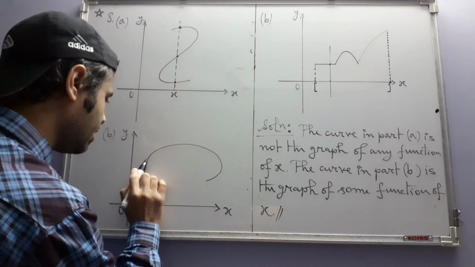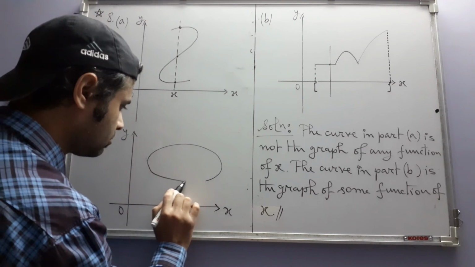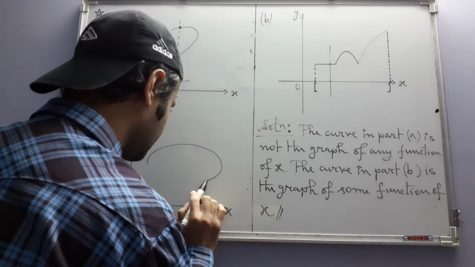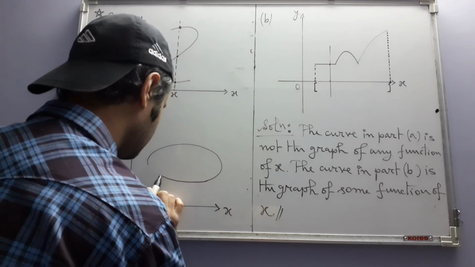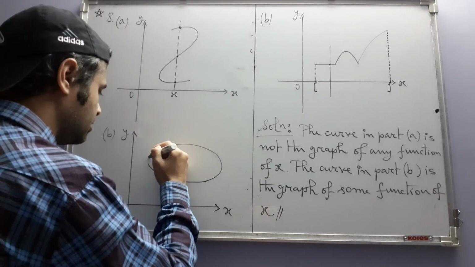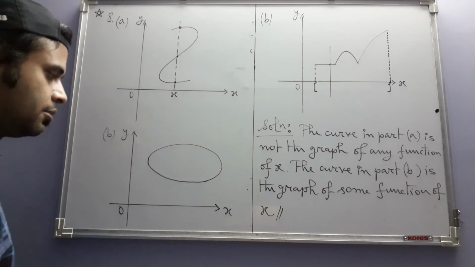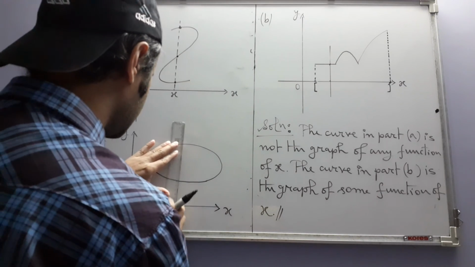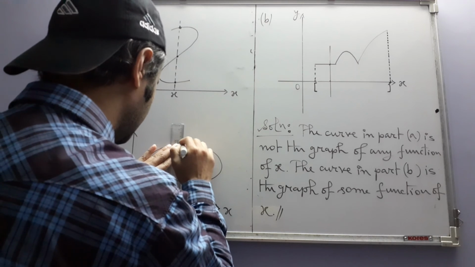Can I draw it nicely? My drawing skills are very bad. You can understand what I am trying to draw here. It's an ellipse. So it is also not the graph of a function, because just like before, it fails the vertical line test.